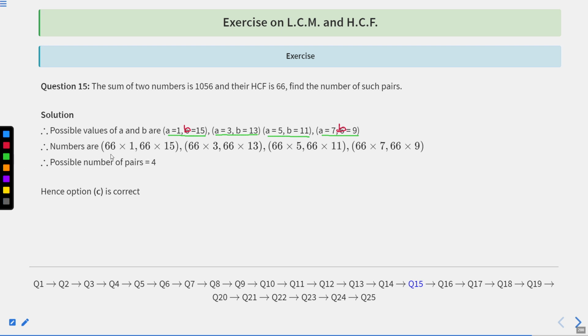So the numbers are 66 into 1, 66 into 15, 66 into 3, 66 into 13, 66 into 5, 66 into 11, 66 into 7 and 66 into 9. So therefore the possible number of pairs are 4. So the correct option here is option C.